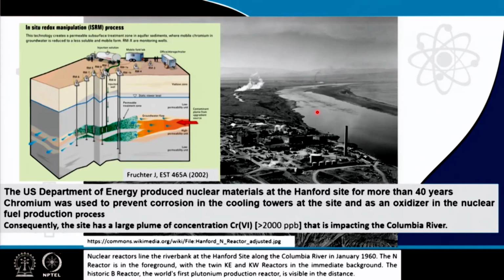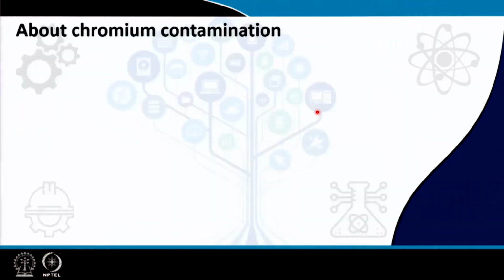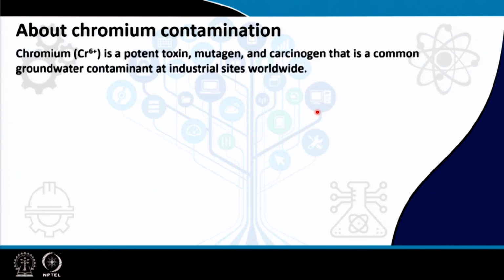So, USDOE has taken severe measures to combat this situation, and along with chemical and physical and other processes, bioremediation events were also taken up. Now, a little bit more background information about the chromium contamination.